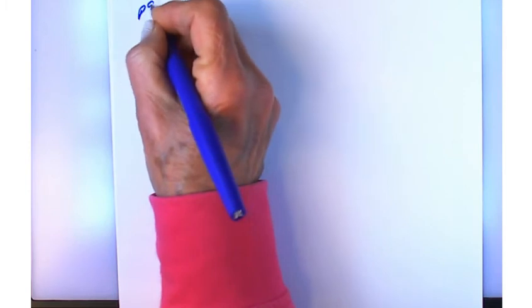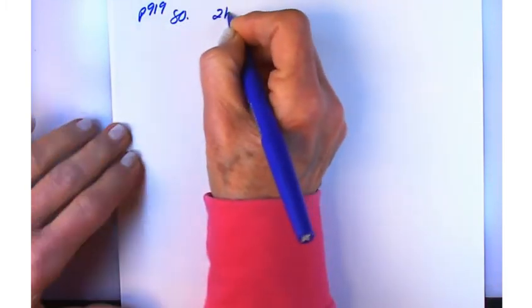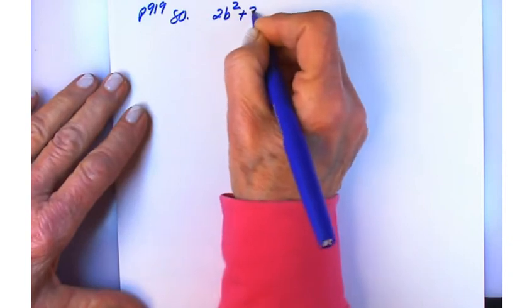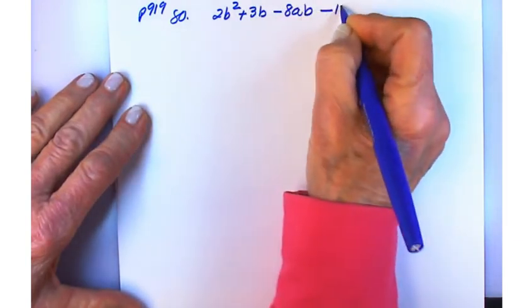So let's look. I need to do one more like that because that's a really big idea, a negative factor like that. And on page 919, let me see if I found one. Page 919, number 80. And we have 2b squared plus 3b minus 8ab minus 12a.